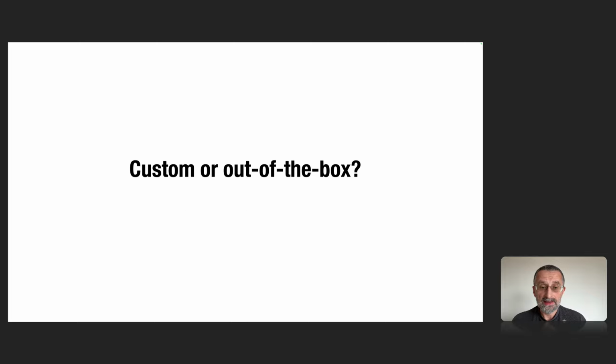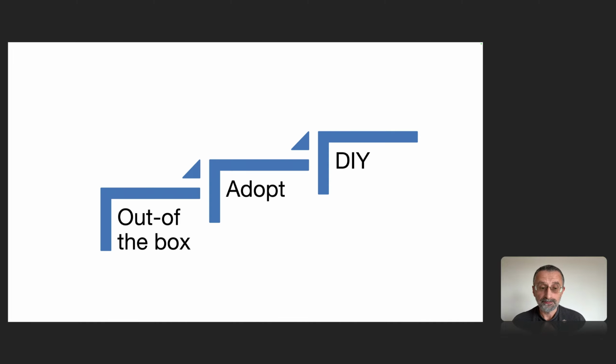So let's start with the first question: whether we should use a custom solution or out-of-the-box solution, whether we should do something from scratch or choose something which is already prepared and being sold on the market.